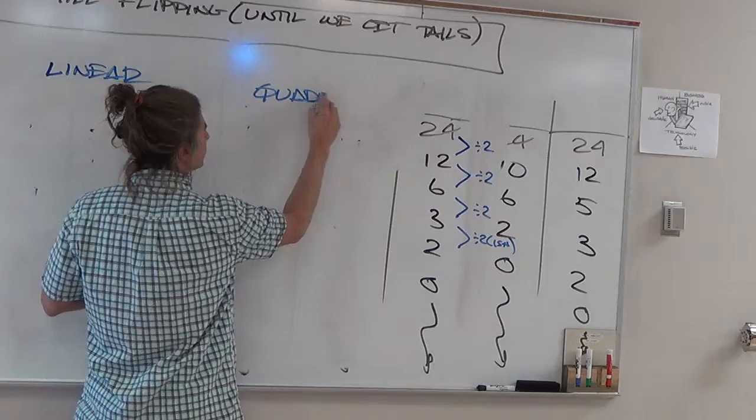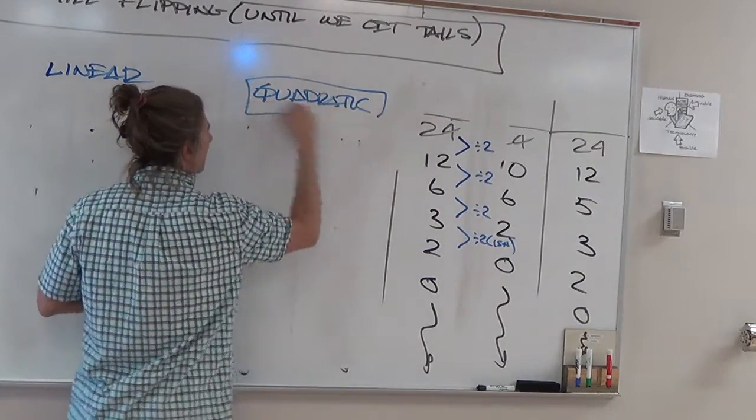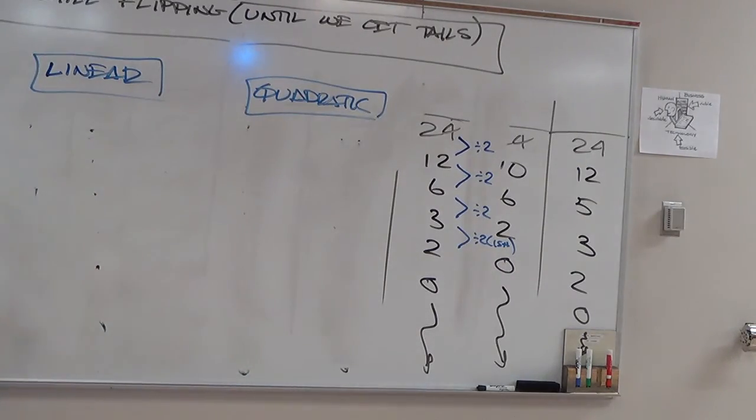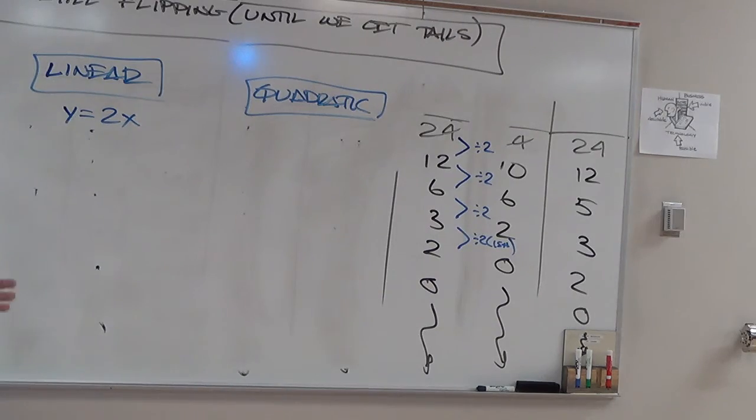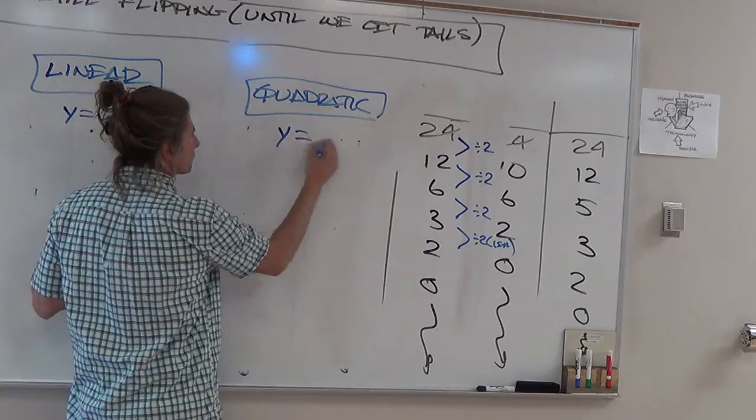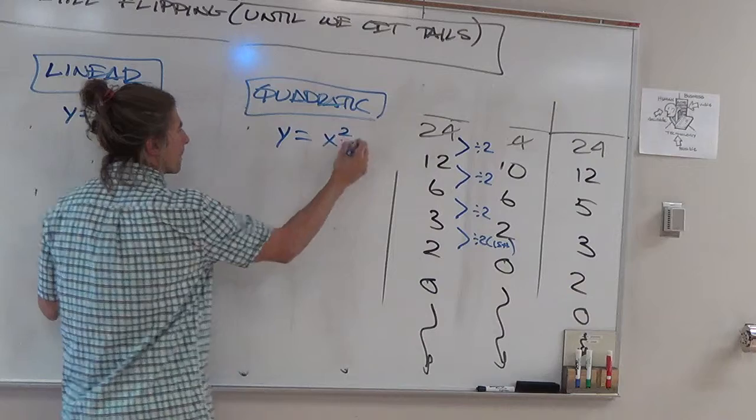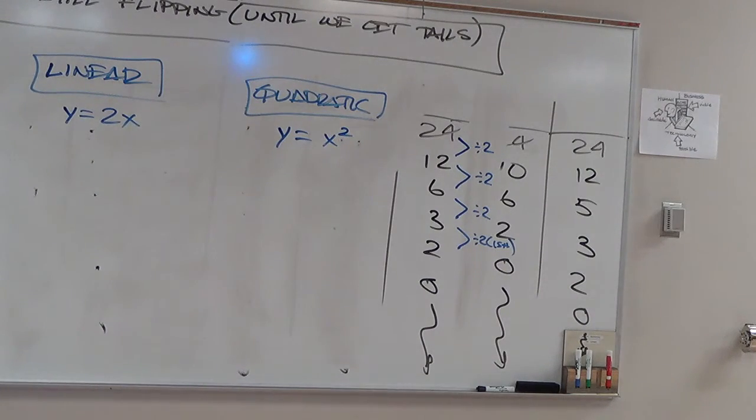Let's make it real simple. Y equals 2x. Yeah, that'll work. What's a simple quadratic? Y equals, how about x squared? That'll work. Doesn't matter which one you use, the patterns are the same.